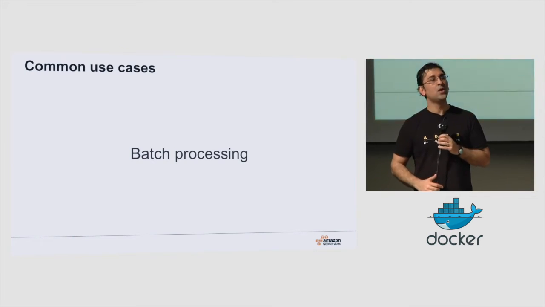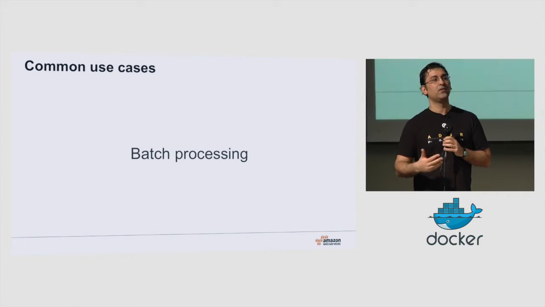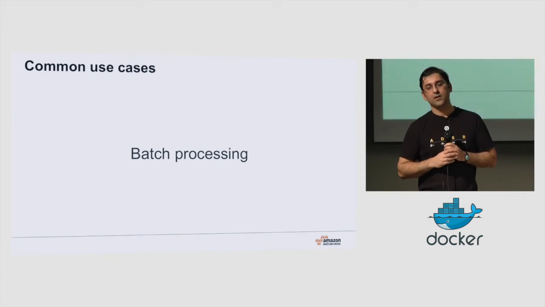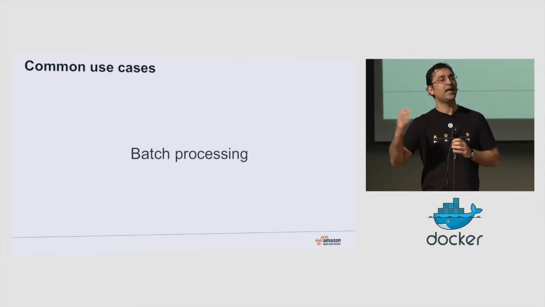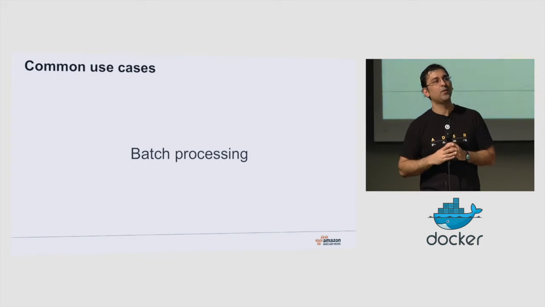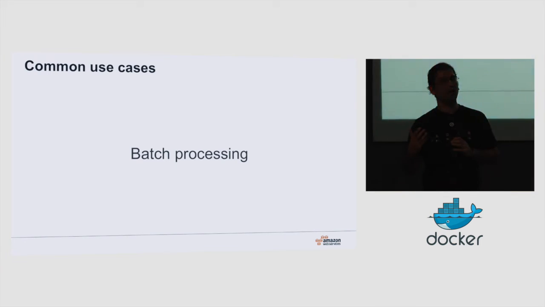So we have a number of folks who do analytics processing on EC2. A good example here is there's a company that does sequence analysis on EC2 that historically used spot instances for opportunistic computing. And recently, about a year ago, when I spoke to them, they had just started using Docker.